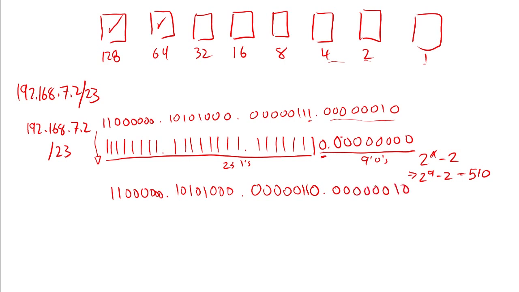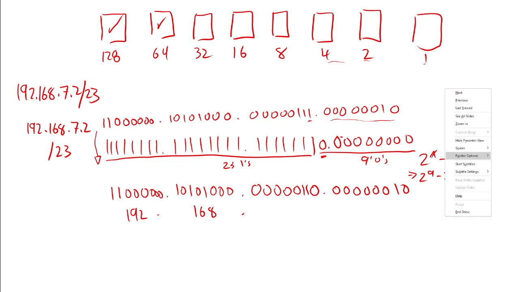So now we convert this back to decimal. We know this is 192.168 dot. Now we'll be careful here because this is not 7. So we go back to our boxes.